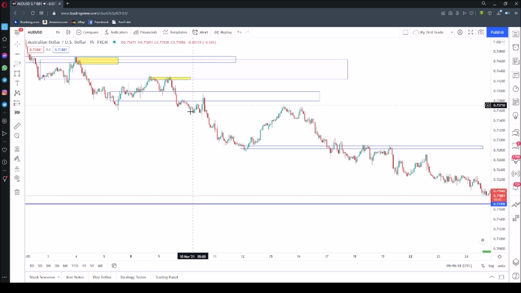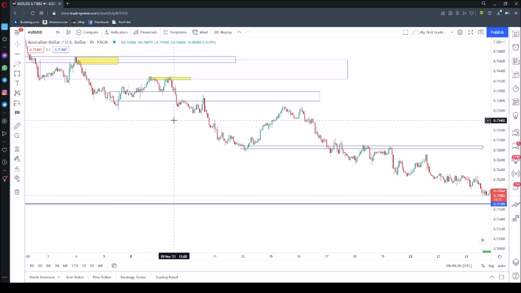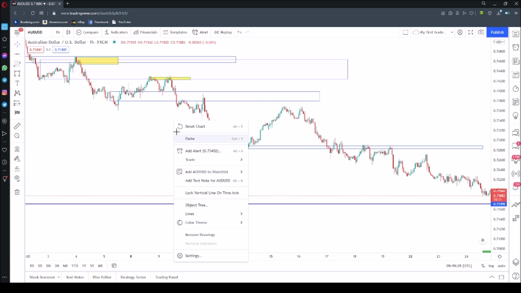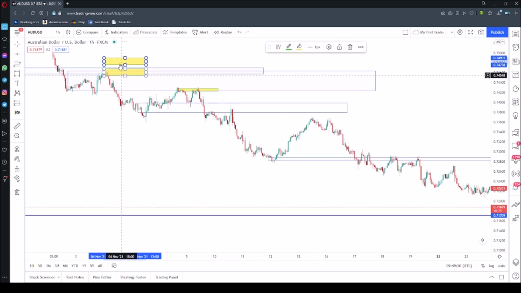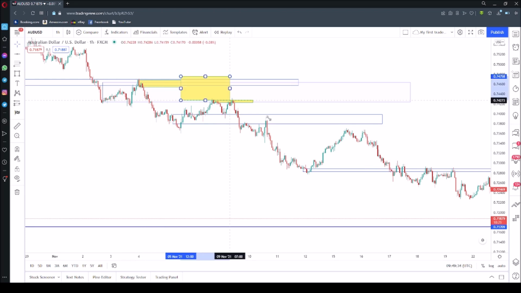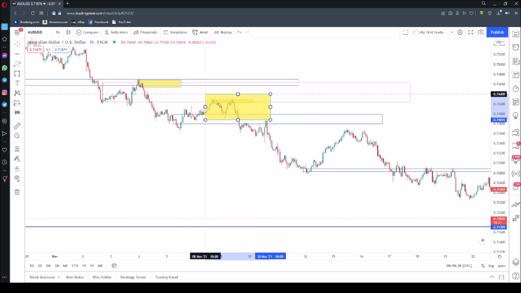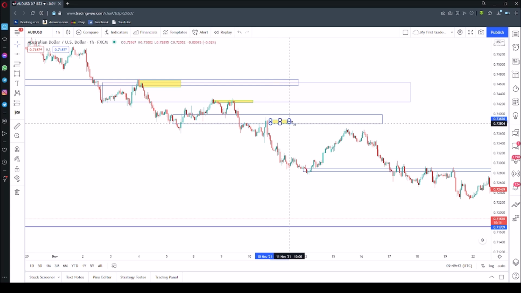When the market got here, we can see that we had this particular order block, which actually wasn't giving us an entry point.